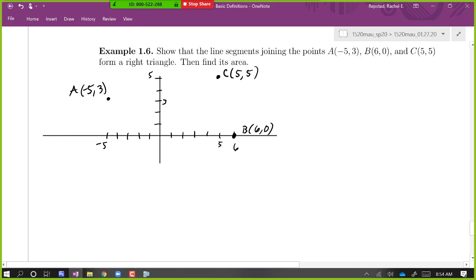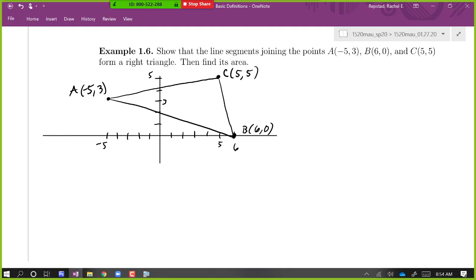I do this because if I sketch out the information that they give me, and join the line segments, so let's go ahead and do that, then looking at it in the plane, I often have a better idea of how to start. The first thing they want us to do is show that it forms a right triangle.